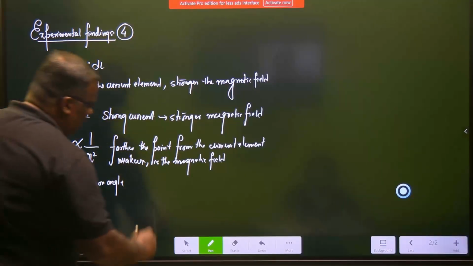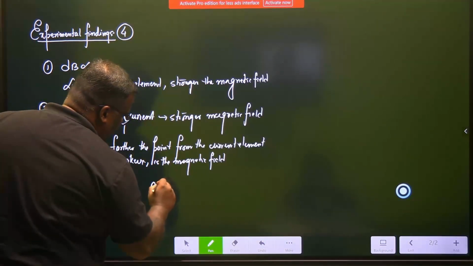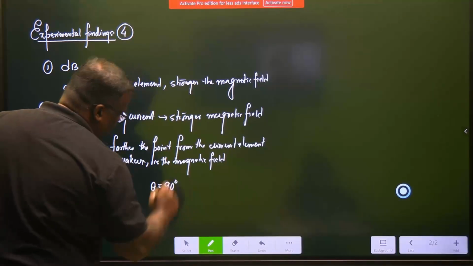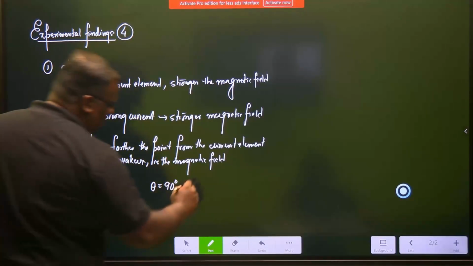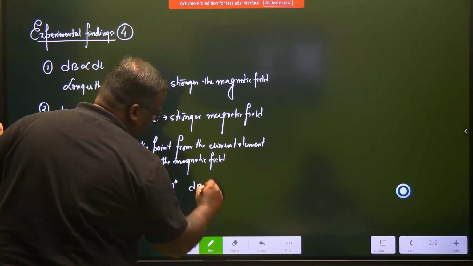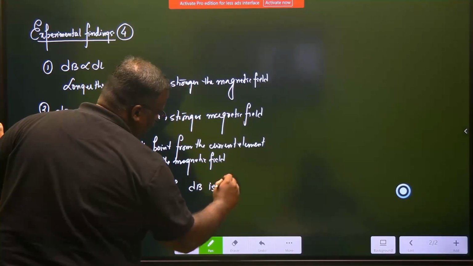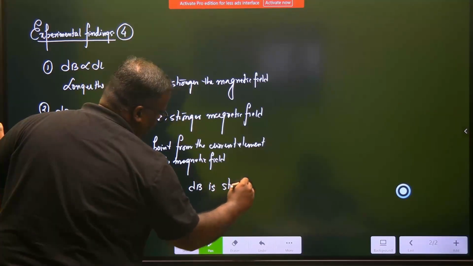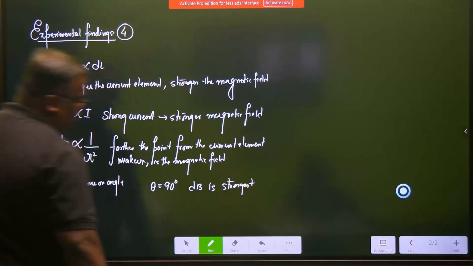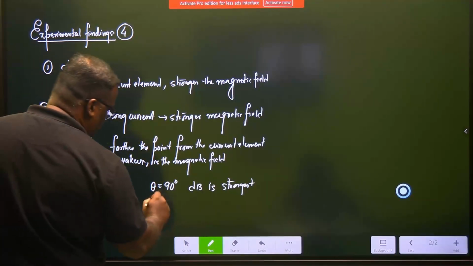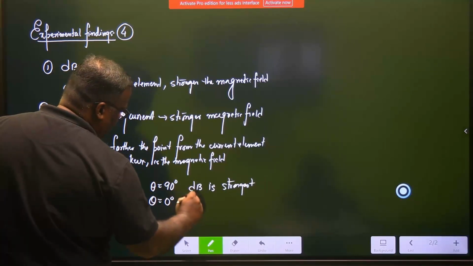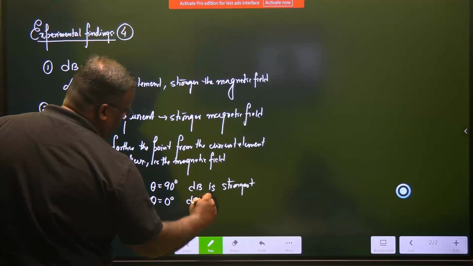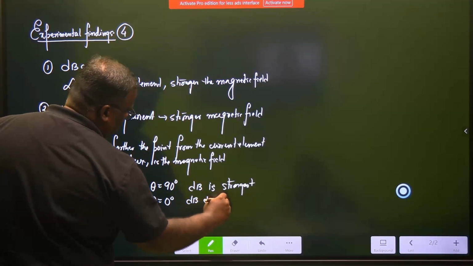The dependence on angle is such that if theta is equal to 90 degrees, dB is strongest, and if theta is equal to 0 degrees, dB does not exist.